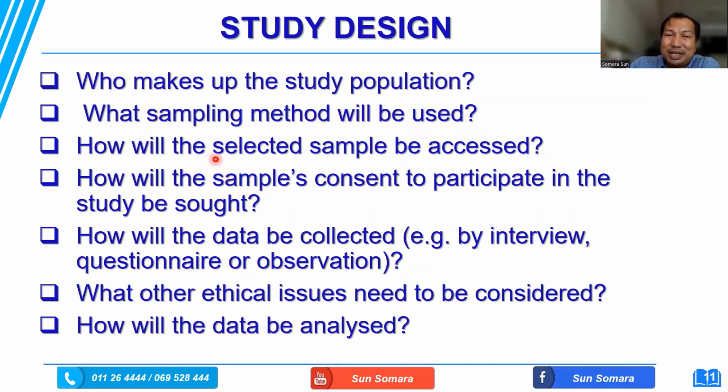How will the selected sample be accessed? You need permission, an official requesting letter or not. How will the consent of the sample to participate in the study be sought? How can you give them the consent form?